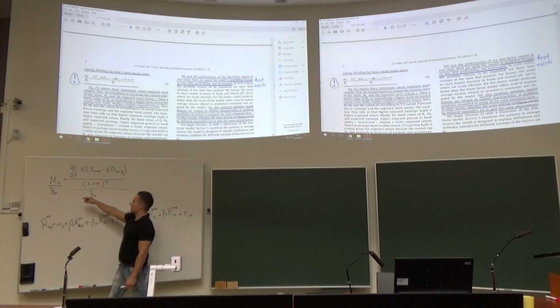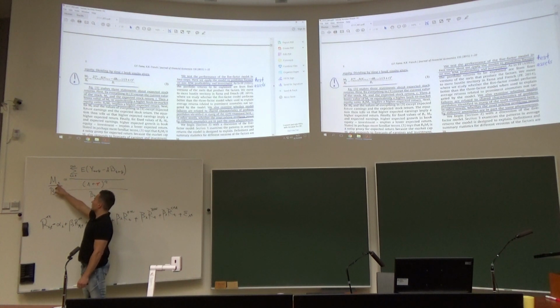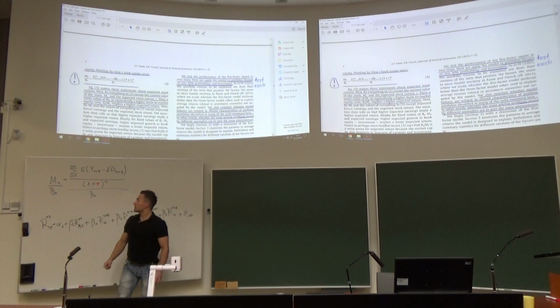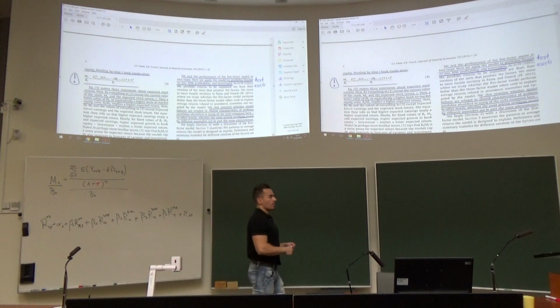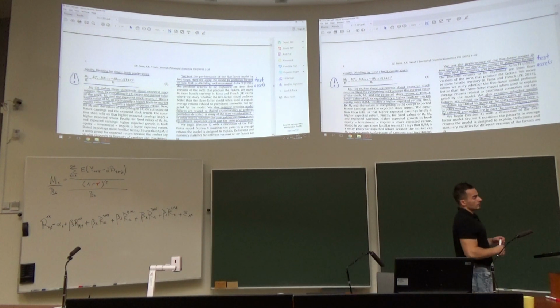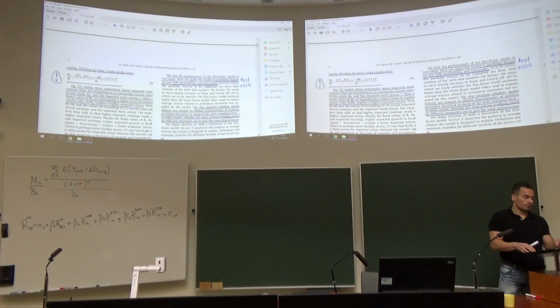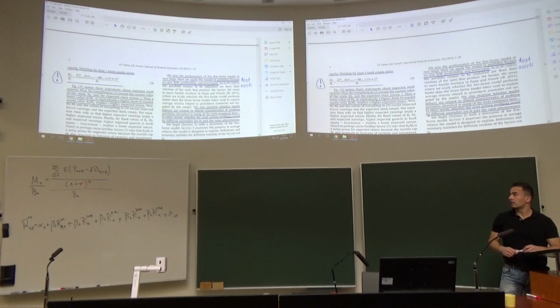For instance, if M decreases, M is the market value or the capitalization of stock i, B_t is the book value.